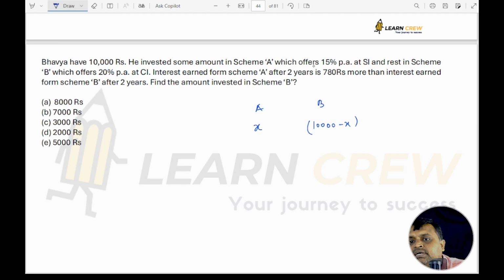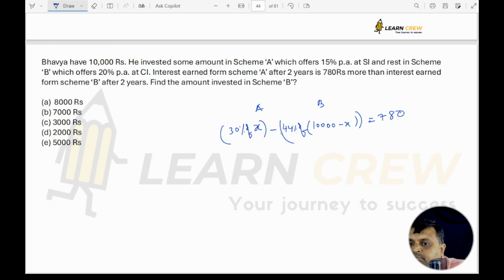So first scheme interest is 15% simple interest, so for 2 years it is 30%. And second, 20% compound interest, for 2 years it would be 44% of the invested amount, and this minus this is given as 780. So now what can you do?